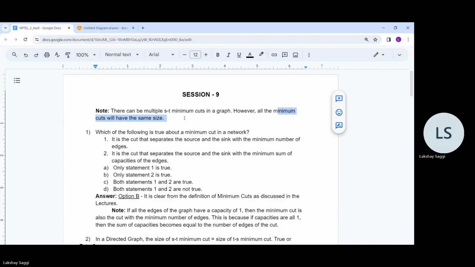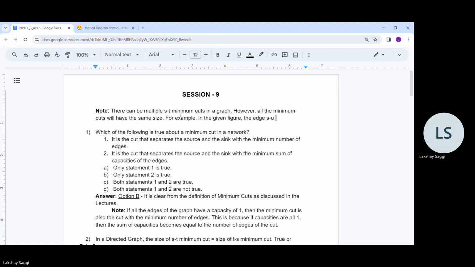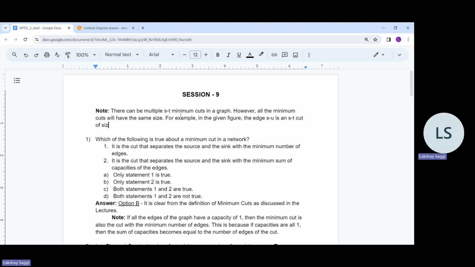So in this graph, there are two minimum ST cuts, but both have the same capacity. For example, in the given figure, which I'll paste later, the edge SU is an ST cut of size 2. Similarly, the edge UT is also an ST cut of size 2.